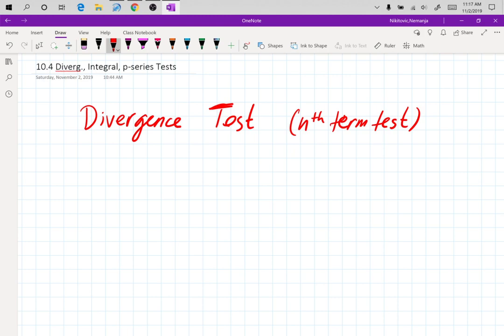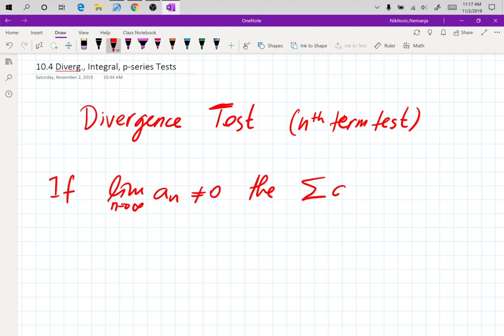This one simply says, if the limit as n goes to infinity of a_n is different than 0, then the summation of a_n diverges. Put the infinity up there.